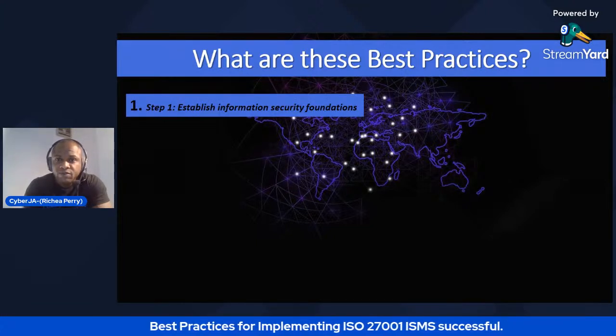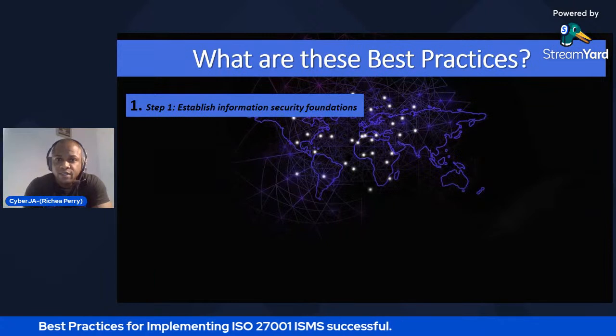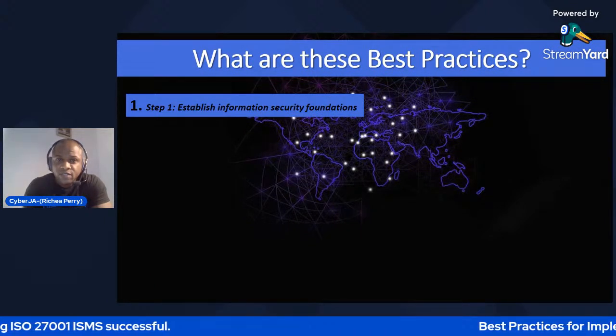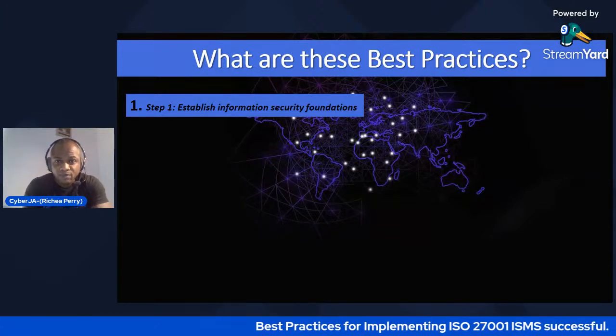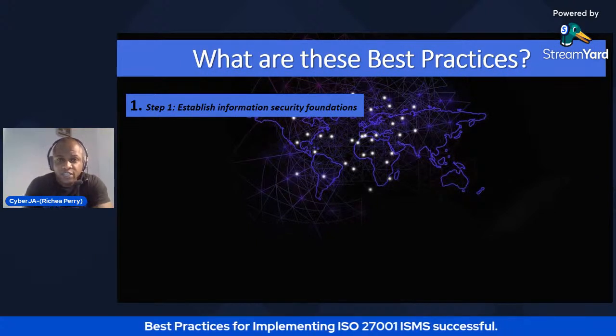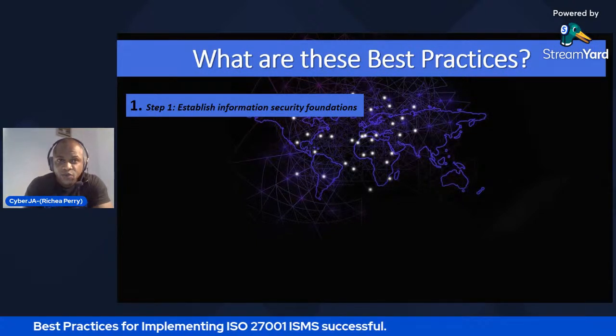The first thing that we have to do as it relates to best practice in helping us in the implementation of our ISO 27001 is to establish information security foundations. What do we mean by that?